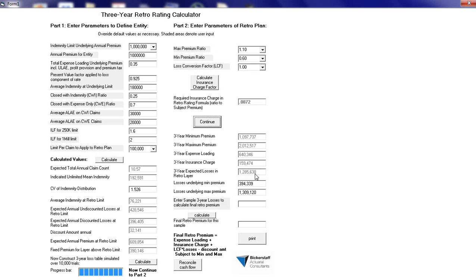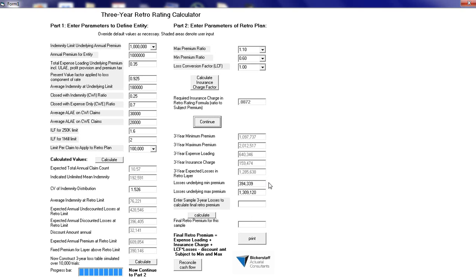So by doing so, let's review the formula again. Your final premium is equal to the expenses, that's the $640,000, plus the insurance charge, $159,000, plus the losses, and we're going to put a sample in there in just a minute, minus the discount.